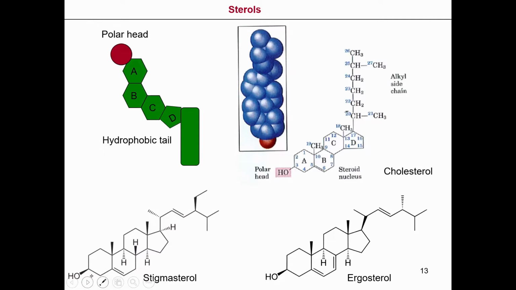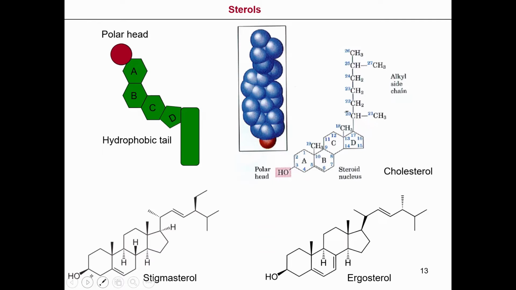Okay. The third type of molecule in the cell membrane is sterol. These are structural lipids present in the membrane of most eukaryotic cells.